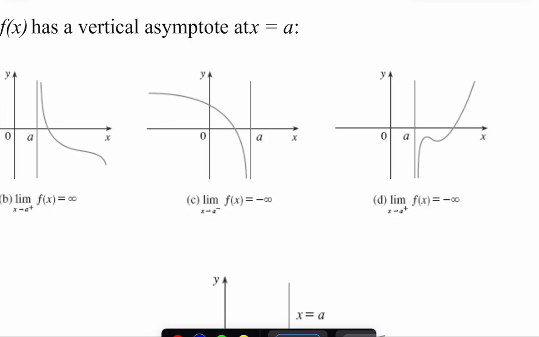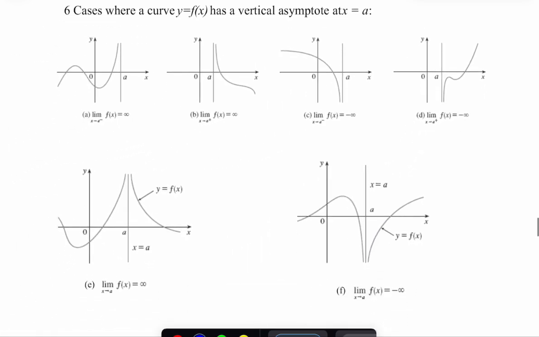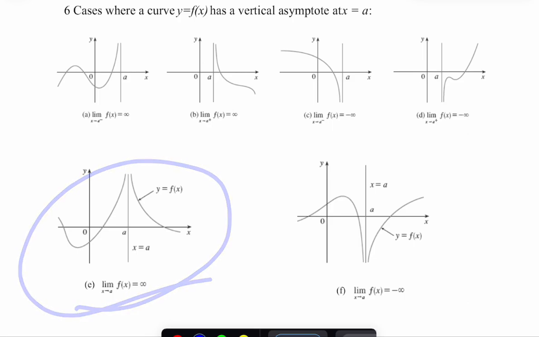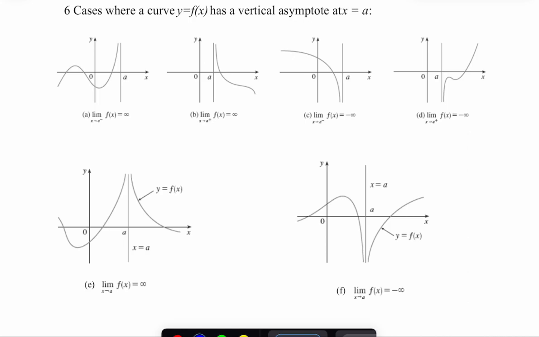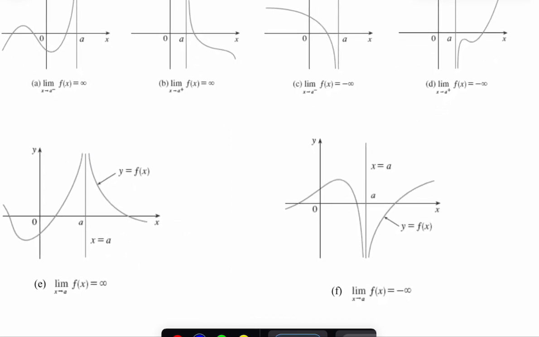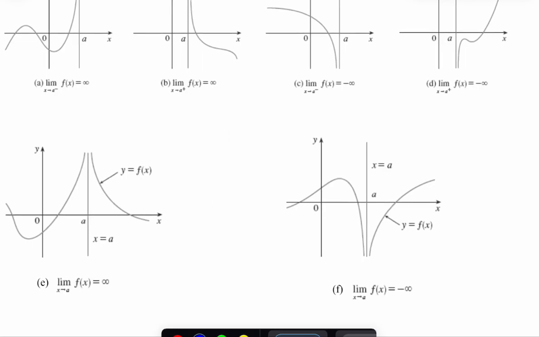And then the bottom examples are where we're approaching A, and because both sides are going up or down, you get the appropriate answers. So this one goes to positive infinity at A. This one goes to negative infinity at A. And you only can say that if both ends are heading to the same location. If one goes up and one goes down, you can't make that claim.